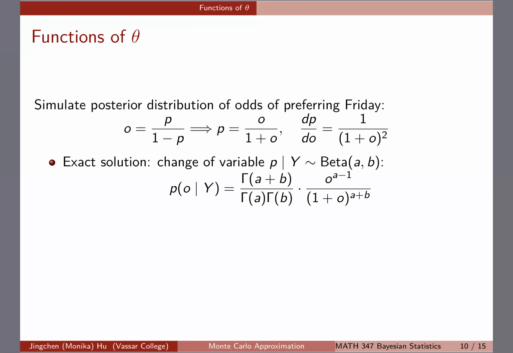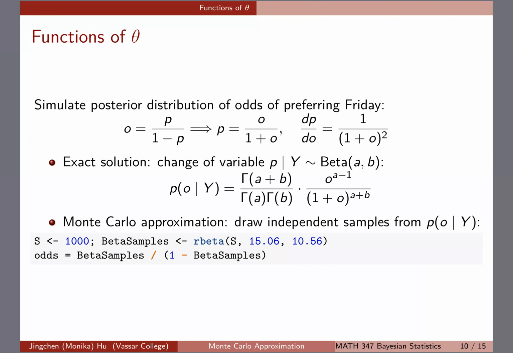Remember, we have to check the function is monotonic and differentiable, and then we can apply that formula to do change of variable. If you do that, that will be able to give you the exact solution. And you can see that the form is a bit crazy over here. So typically we don't work with this exact solution because we now know that Monte Carlo approximation can easily get that for us.